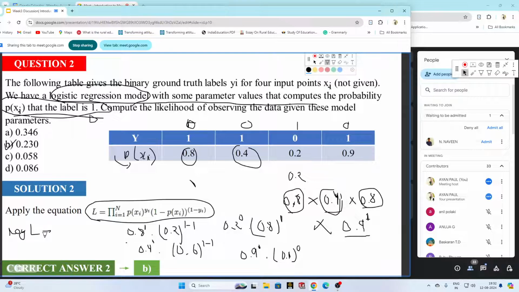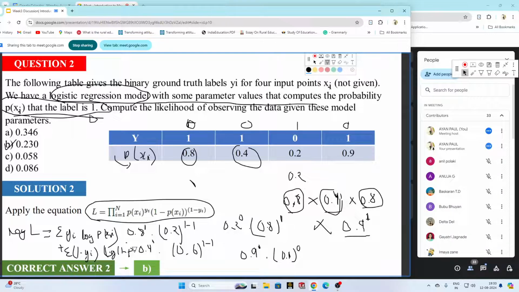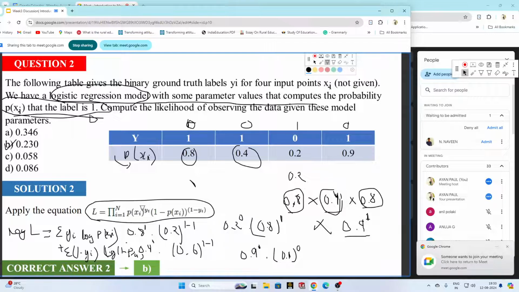So what will log L become? Sigma yi log p(xi) plus sigma 1 minus yi log of 1 minus p(xi).